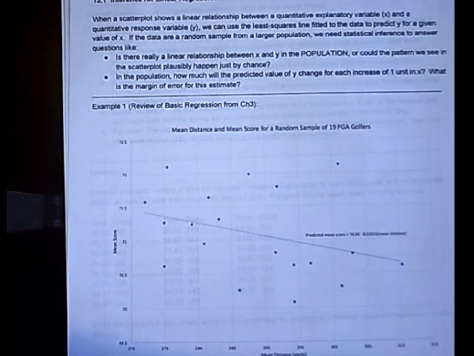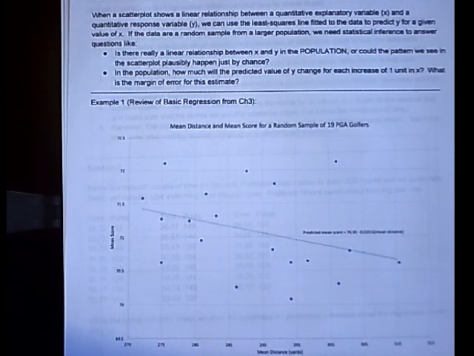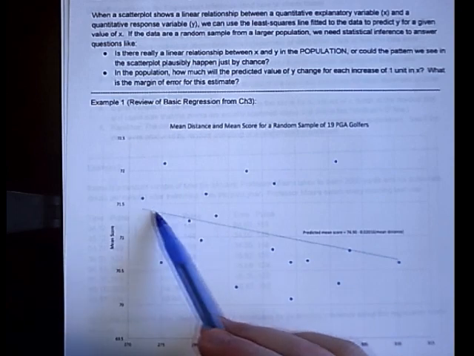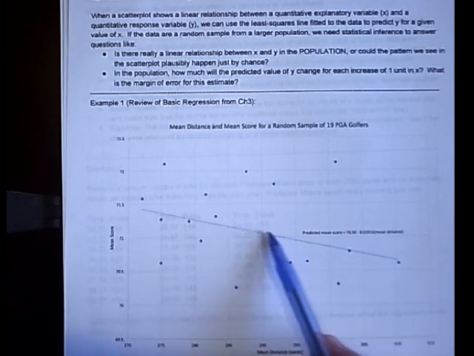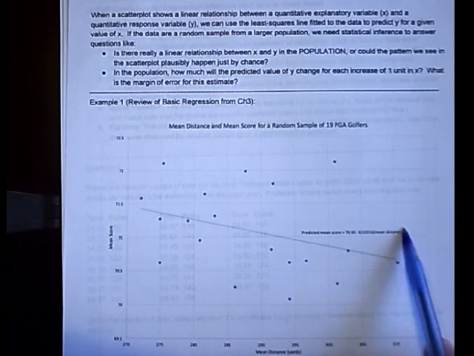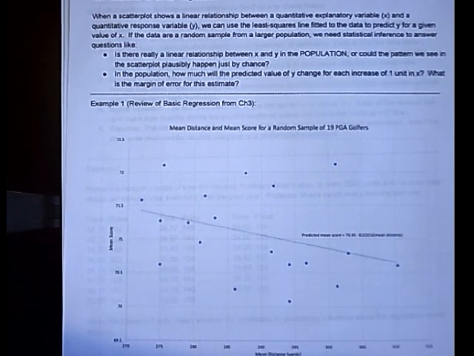We can use a least squares line fitted to the data to predict a y for a given value of x. So this least squares regression line is the line of best fit that gives me the equation of it.